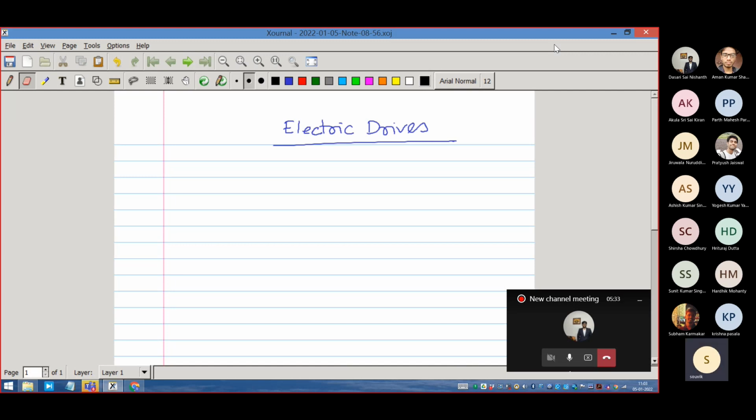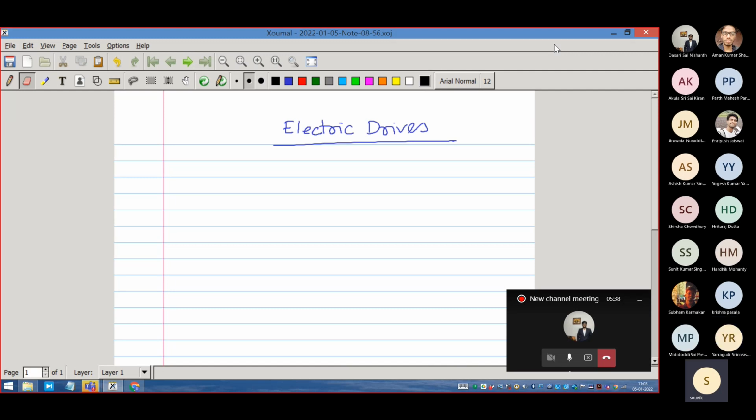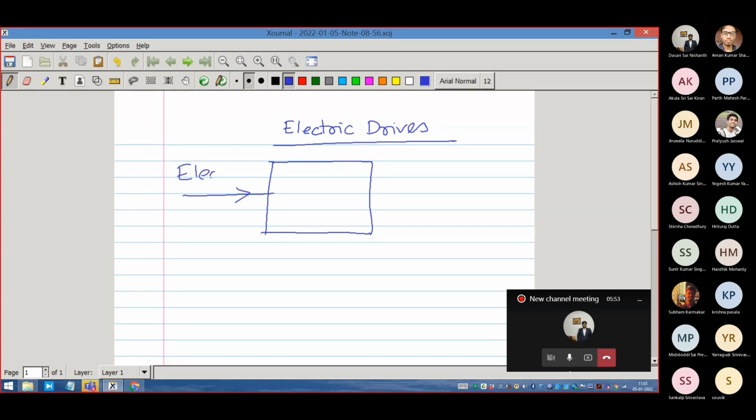When we are giving electrical energy or taking it out, the basic block diagram has electrical energy on one side and mechanical energy on the other.